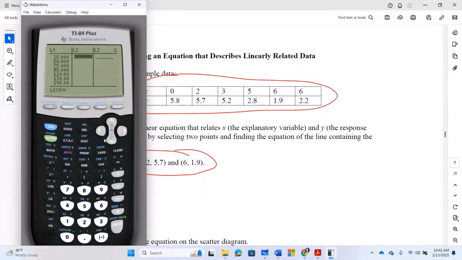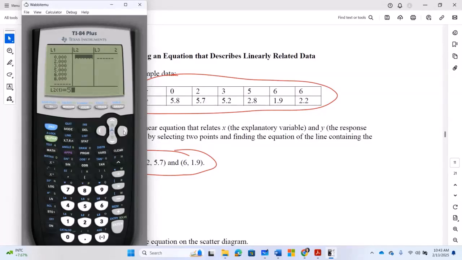The data I have right here starts from 0. So 0, 2, 3, 5, 6, 6. So I entered the data for the explanatory variable.